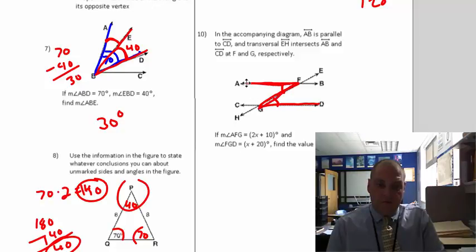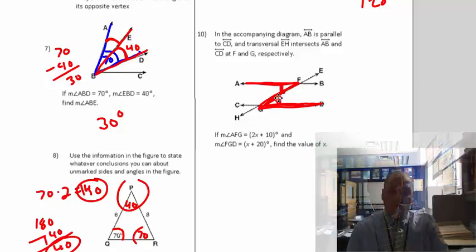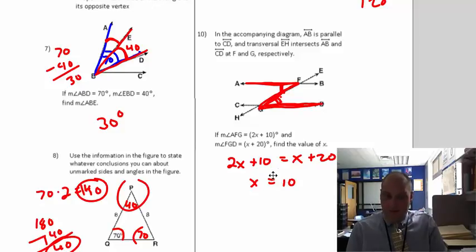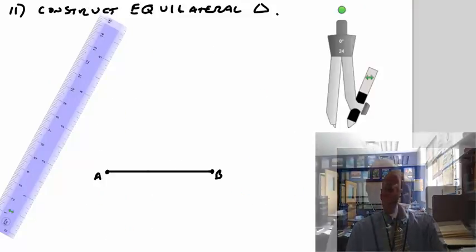You got that Z, and then the angles in the Z. Those are always alternate interior, and they are always equal. So we're just going to say 2x plus 10 equals x plus 20. And then move the x over, move the 10 over, x equals 10. And that would be it. X equals 10. Okay, so a lot of review stuff here, not much new.